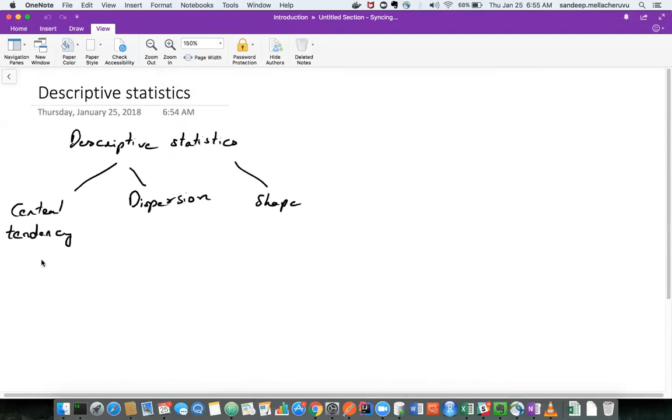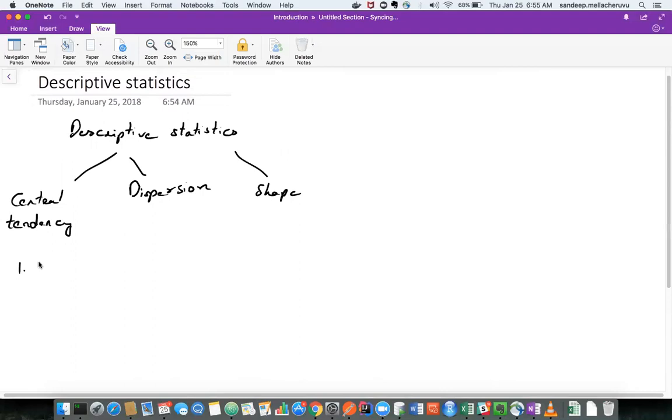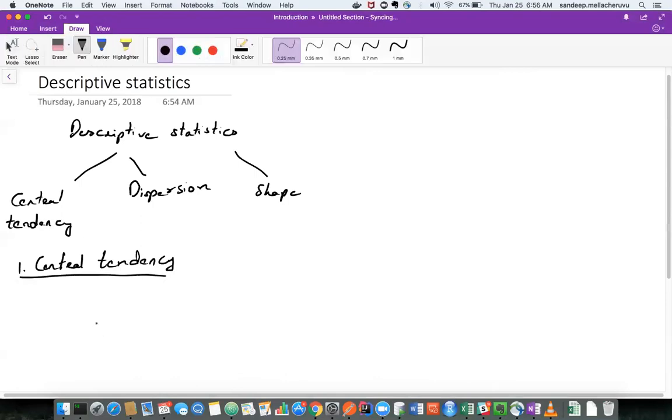So the first one is central tendency. So what is the central tendency? The data, whatever you take, is always having some center. So the data that you take is always having a center.